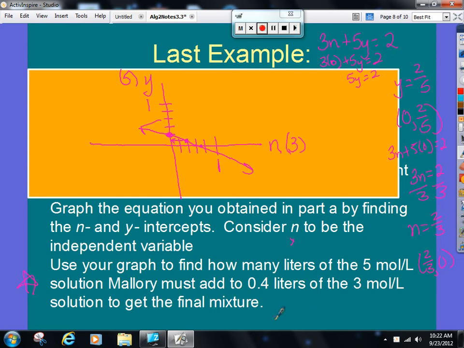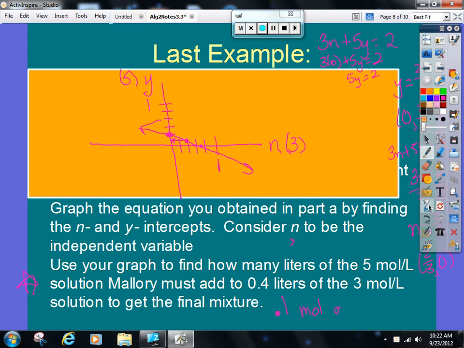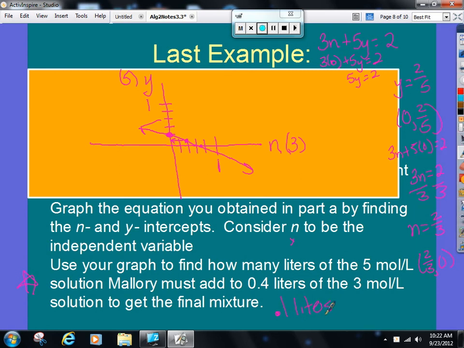It's hard to tell. Like I said, 0.1 liters of 5 mole solution. It's hard to tell on this graph. If you had a graphing calculator, you'd get a really accurate answer.